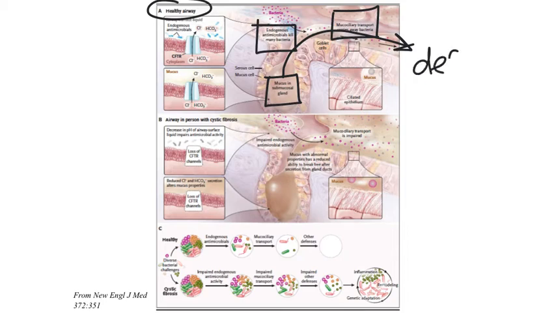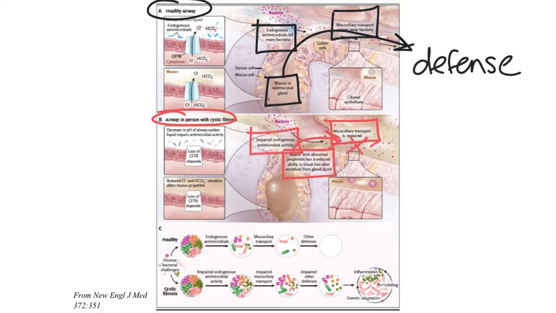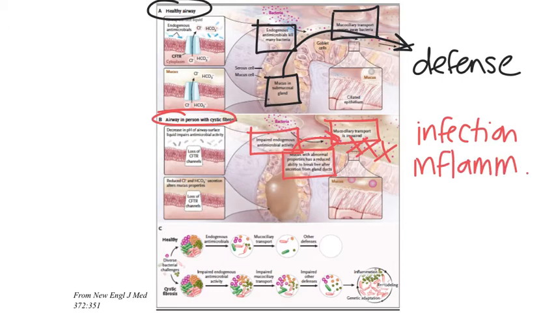However, in somebody with cystic fibrosis, the mucus has abnormal properties that make it extremely viscous. It's very difficult to undergo mucociliary transport and to release antimicrobial substances. Therefore, it is much more likely that bacteria will accumulate in the airways, cause chronic infection and inflammation, and lead to progressive airway obstruction.